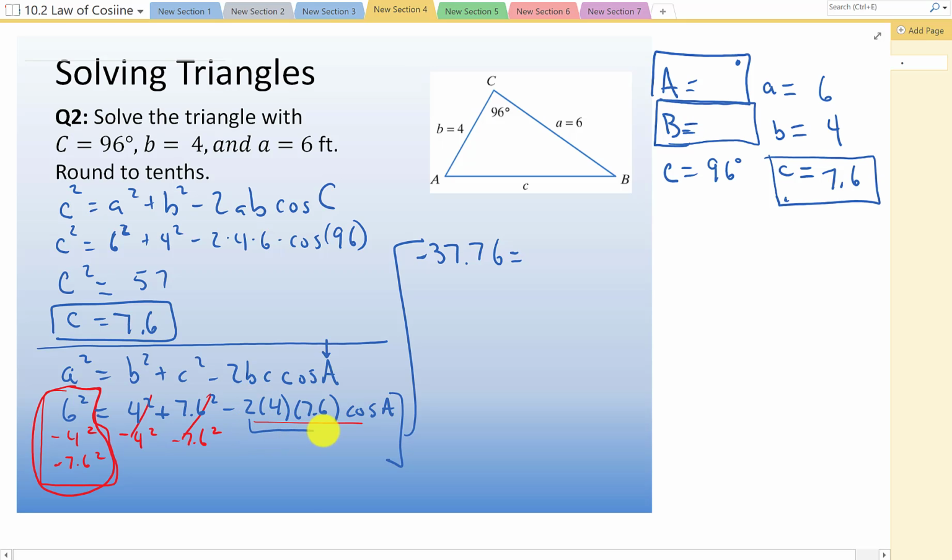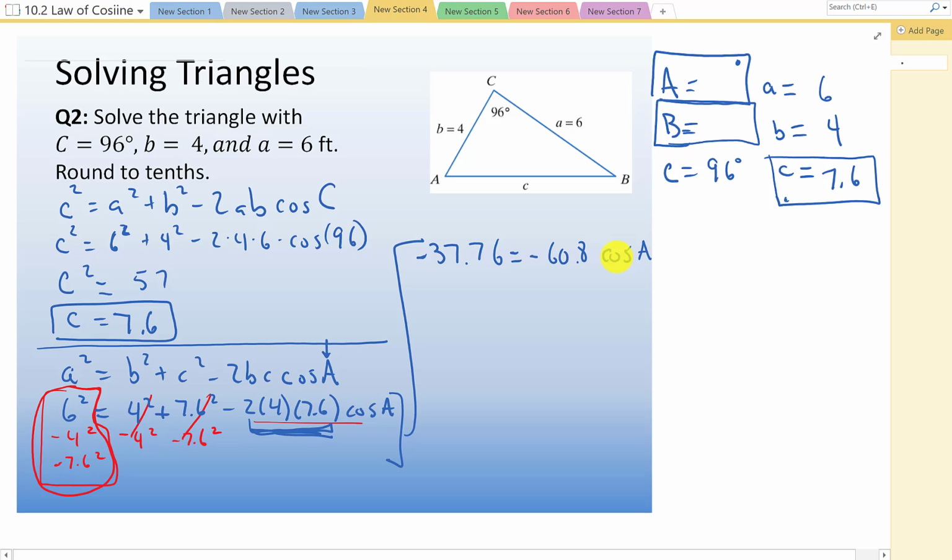And when we did this math here, the calculator told us that is, the minus is still there, so it's a minus 60.8 cosine of A.